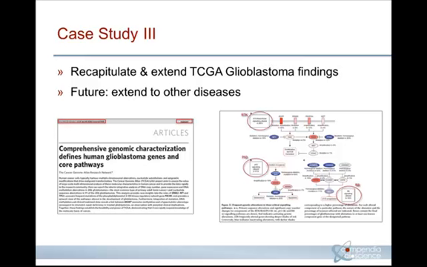One of the key findings in this glioblastoma paper was that there were 3 main pathways that were altered in a large fraction of the glioblastoma patients. If you group together receptor tyrosine kinases with RAS and PI3K signaling members, this pathway was found to be altered in nearly 90% of cases.